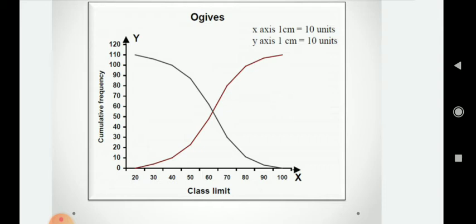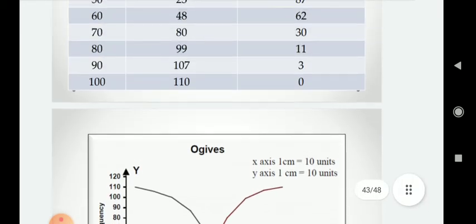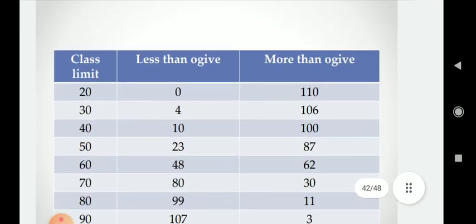Class interval will come on the x-axis just like previous in histogram, and in the vertical axis you write cumulative frequency, that is 0, 10, 20, 30, 40, 50, 60. These are cumulative frequencies, less than ogive, more than ogive. So these are less than cumulative frequency, and this is more than cumulative frequency.